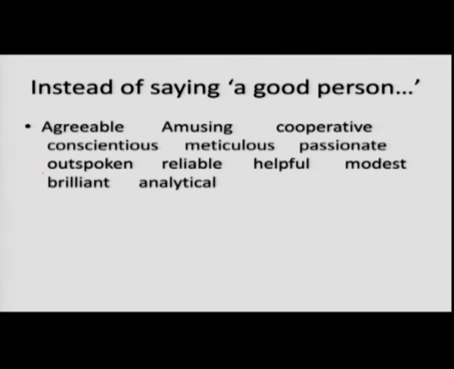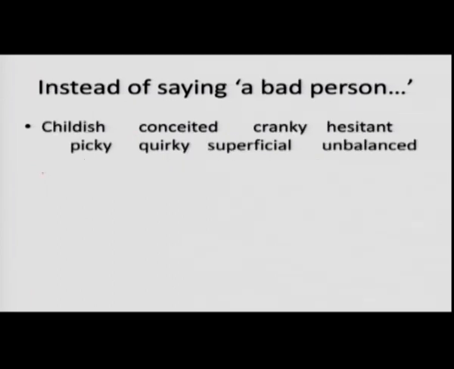So, being more specific is very important for good descriptive writing. Similarly, instead of using the general purpose adjective bad, you can think of other options. Some of them are listed here.